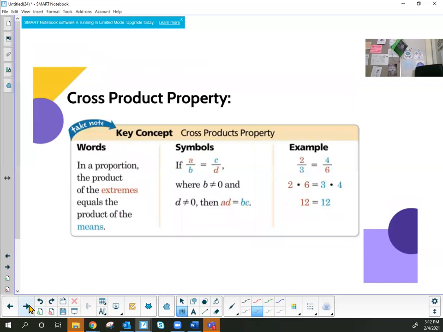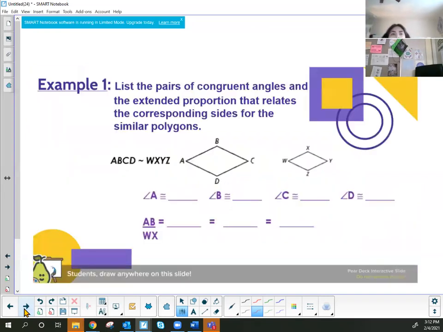I talked about this when we talked about a proportion: you cross multiply. When you look at something like this, you can use the similarity statement to pair everything up. Angle A is congruent to angle W, angle B is congruent to angle X, angle C is congruent to angle Y, and angle D is congruent to angle Z. When you're doing your sides, you do the same thing.